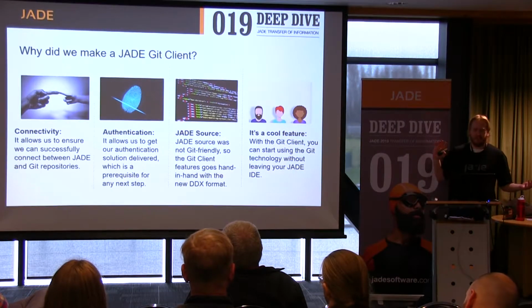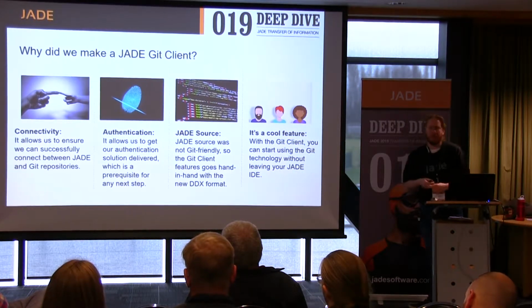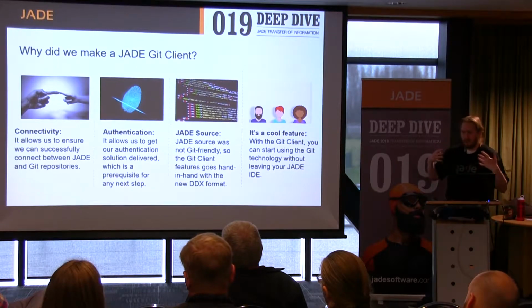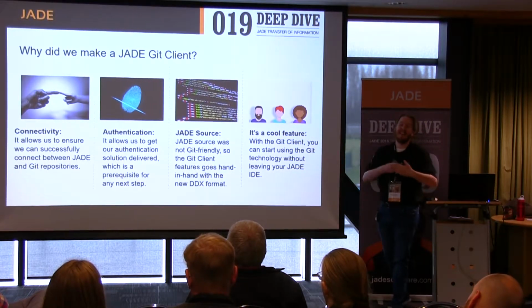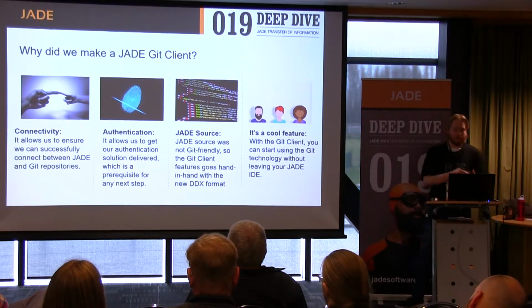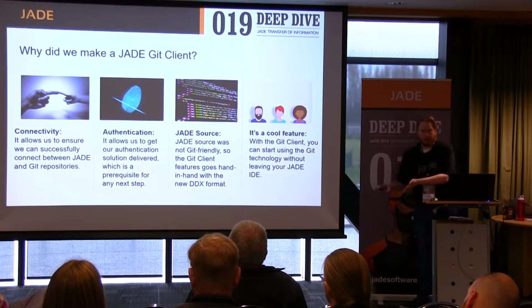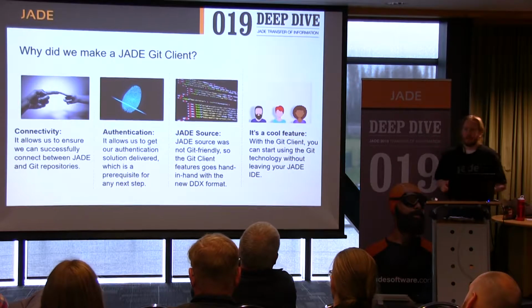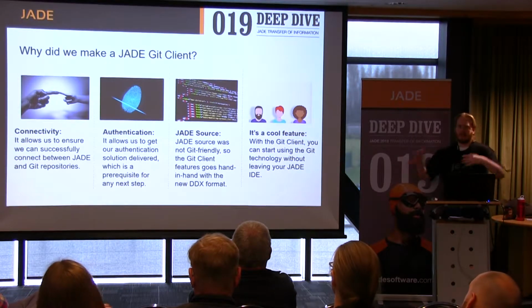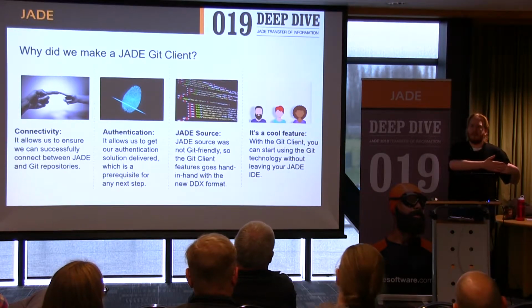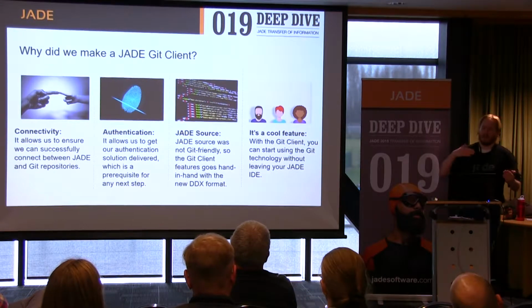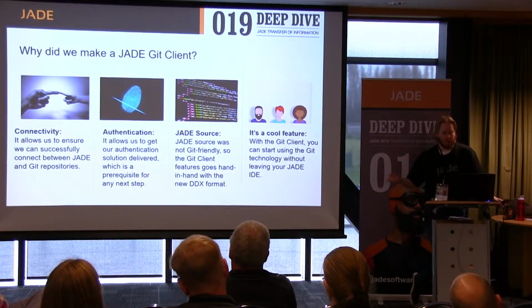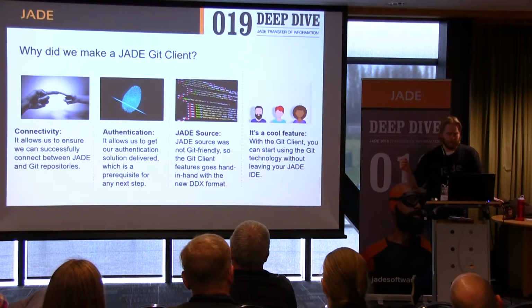So first of all, connectivity. In order for us to really produce any sort of Git-based source management solution, the first thing we needed to do is make sure that we can actually connect from Jade to Git repositories. So that's something that's kind of like an invisible thing. We need to have all of our Jade libraries set up that do all of that, connecting to Git repositories.